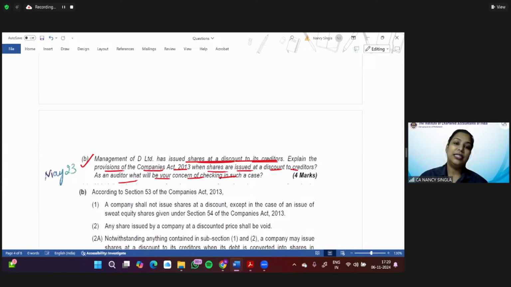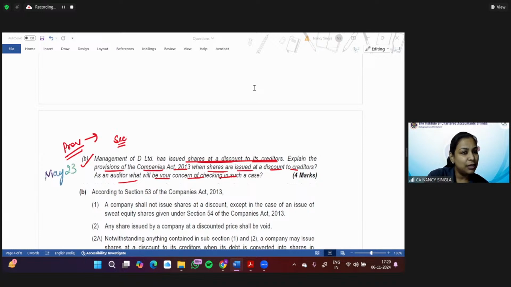See, it says explain the provisions. So it is always required that when the relevant provisions of the Companies Act are asked for, mention the section number also. Again, if you are not sure, do not write the wrong numbers. So let me have a look at the answers. Bhumika and Amrita are saying section 53, right?